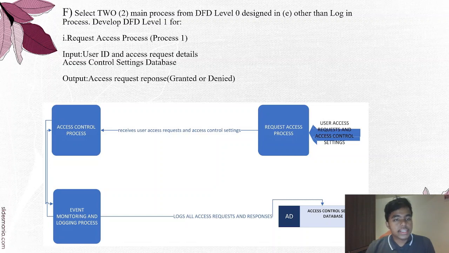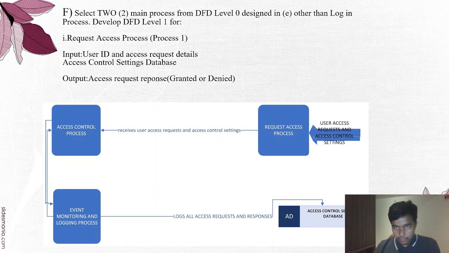The output is the access request response, granted or denied. The request access process receives the user's access request and determines whether access should be granted or denied based on the access control settings database. The process logs all access requests and responses in the event monitoring and logging process.